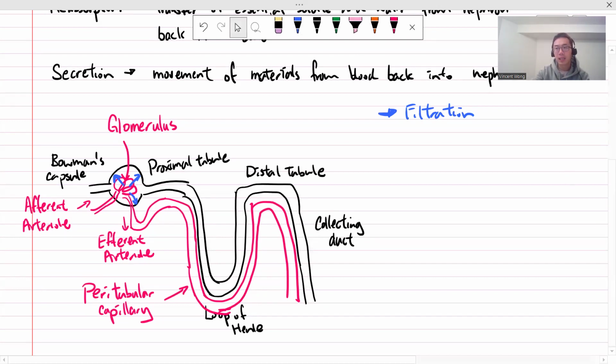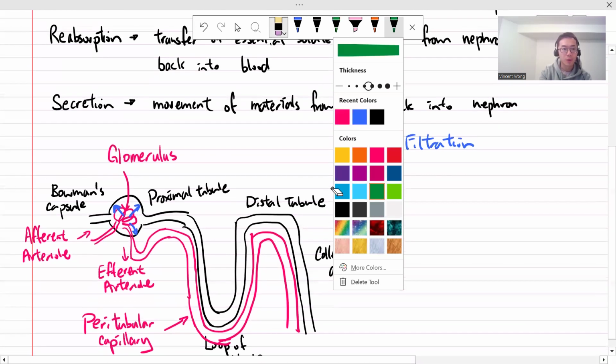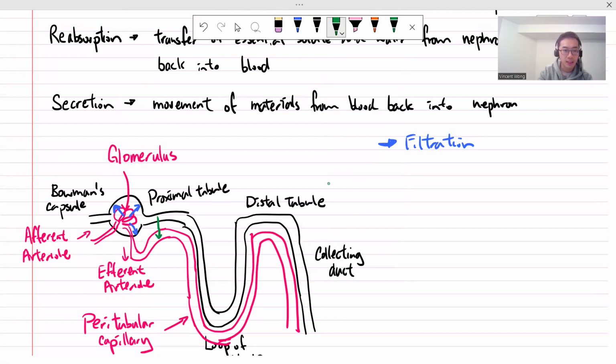And then, as we go on, we're going to have two things happening at the same time, right? We're going to have reabsorption and secretion. So reabsorption is going from filtrate back to blood.